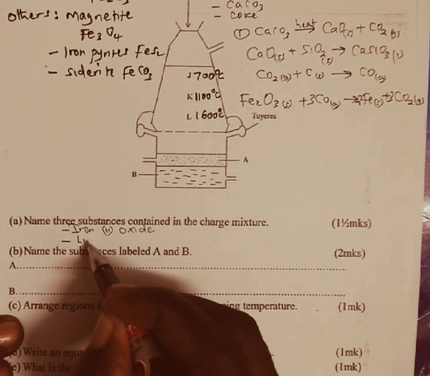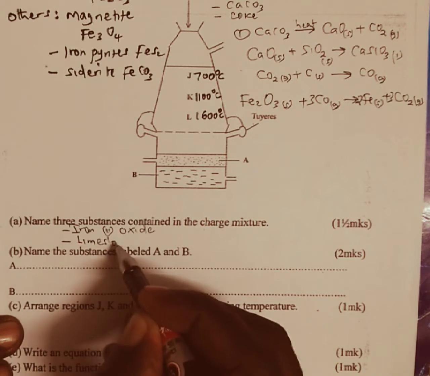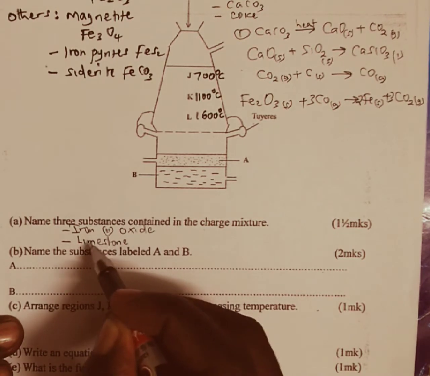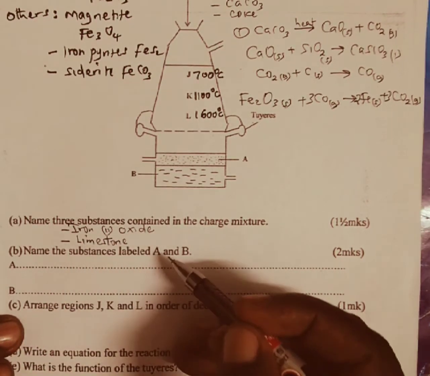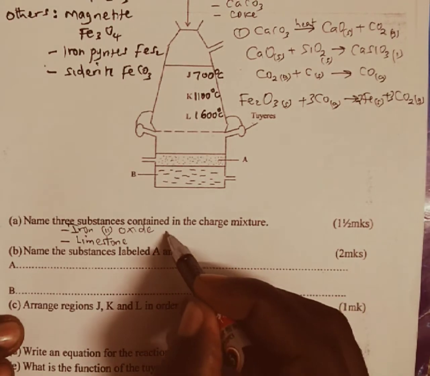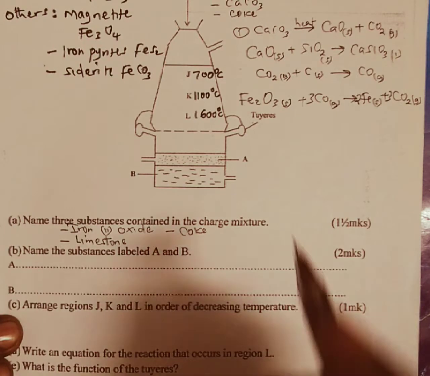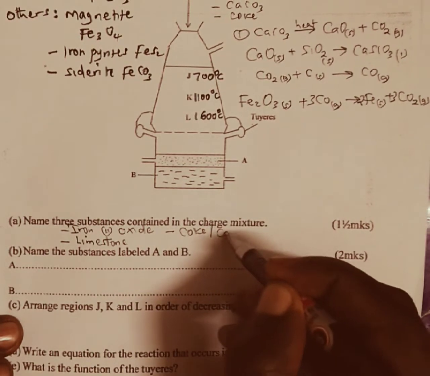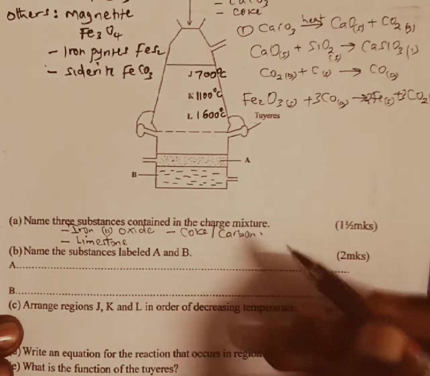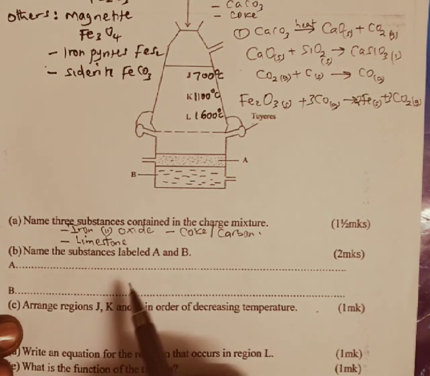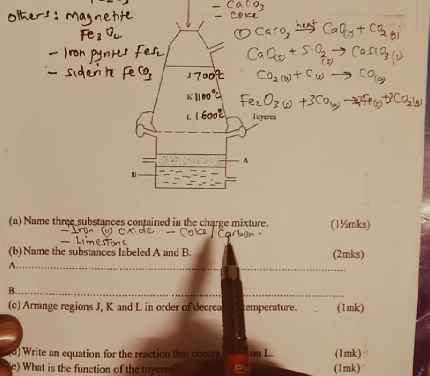It contains limestone. We have already said that limestone is used to remove impurities. And lastly, number 3, we have coke, also known as carbon. Those are the 3 substances contained in the charge mixture.